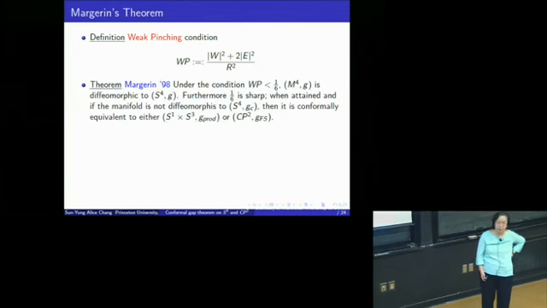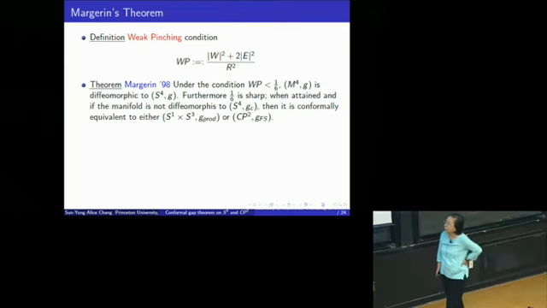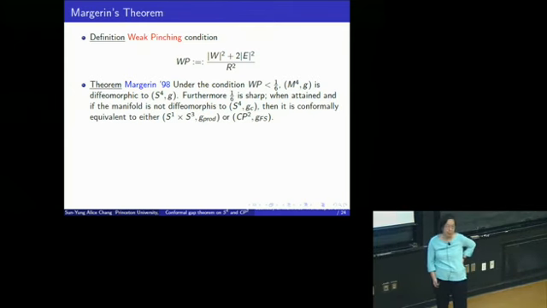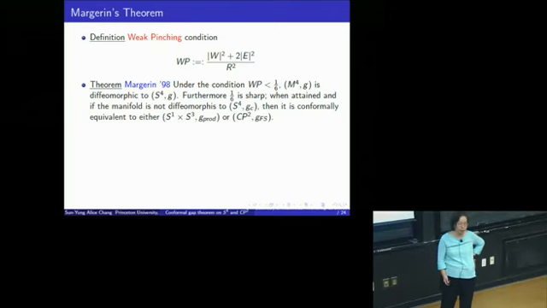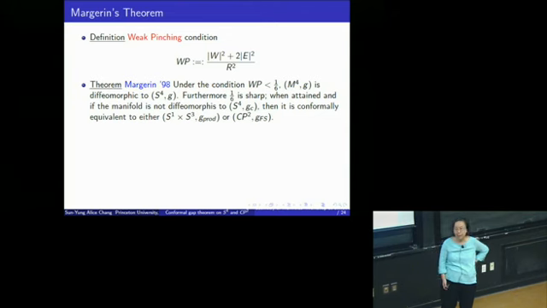He says that if the weak pinching constant is less than 1/6, then the manifold is diffeomorphic to the 4-sphere. Again, he used the Ricci flow to show that this weak pinching condition is monotonic, and then it flows to the 4-sphere. And he also says that this 1/6 turns out to be sharp.